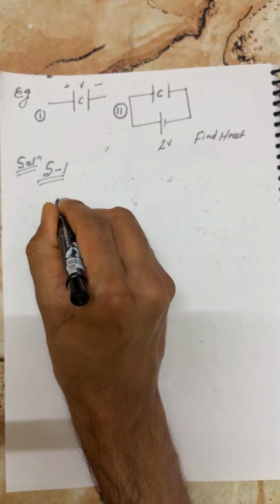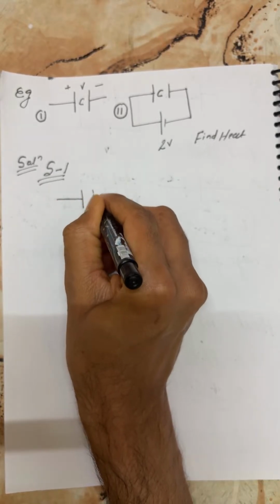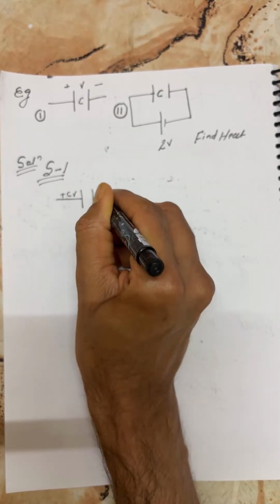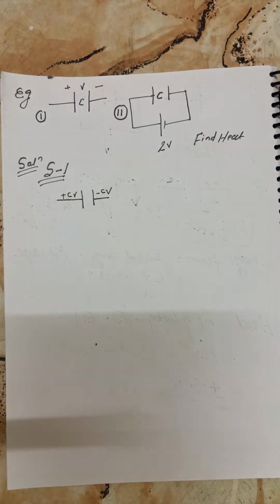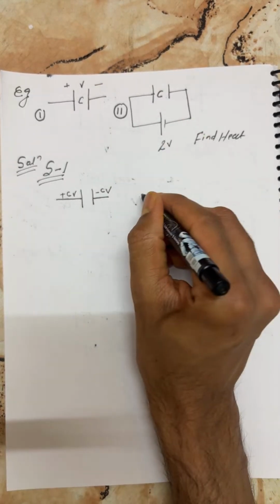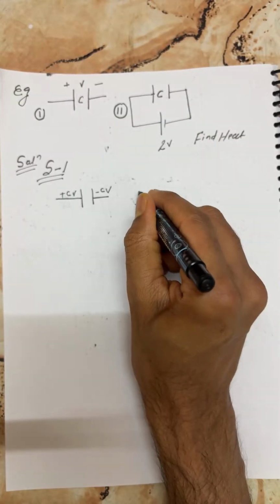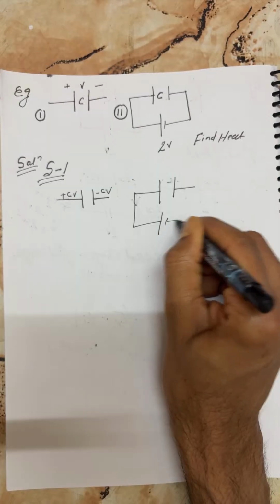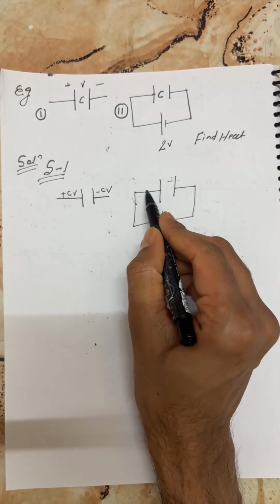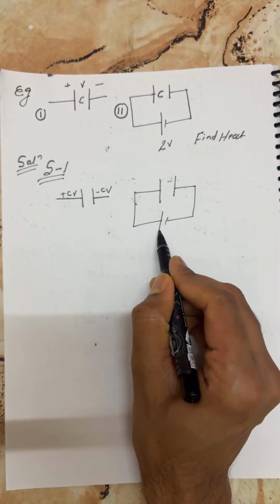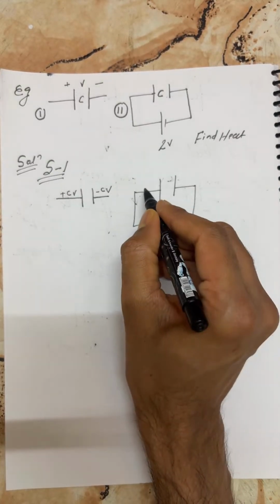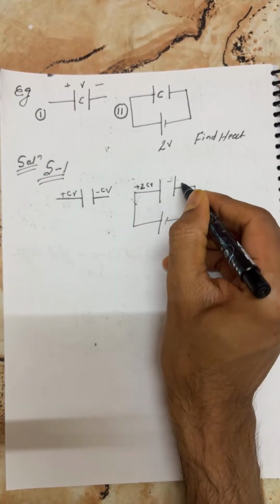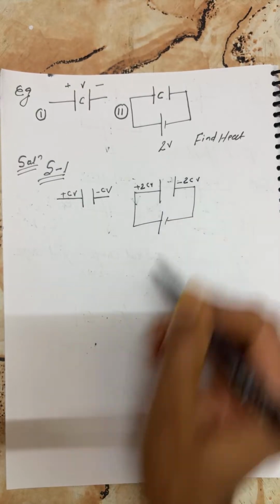First, in the initial condition, what is the charge on the capacitor? This is plus CV and this is minus CV. According to this arrangement, what is the charge on the capacitor due to the 2-volt battery? The terminals of the capacitor are connected, so Q equals CV, so this is plus 2CV and this is minus 2CV.